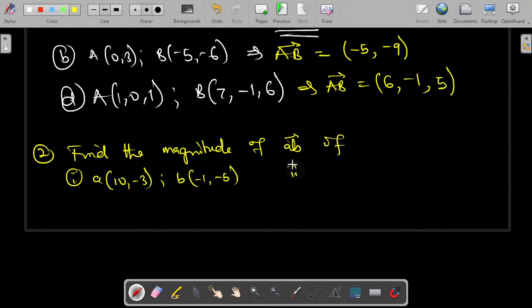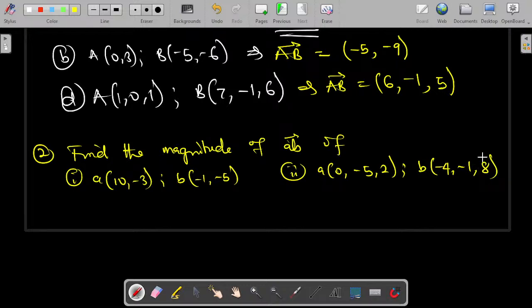Okay, let me just give two examples here. The second one is A is 0, minus 5 and 2, and then the second one your B is minus 4, minus 1 and 8.